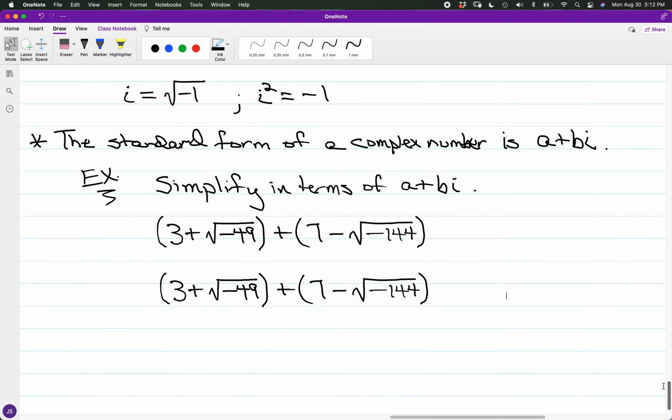So I have square roots of negatives. And if I go ahead and write in terms of the letter I, now the square root of 49 is 7, but with the negative 49 underneath, the square root of negative 49 is going to be 7i. And we have plus the quantity 7 minus, now the square root of 144 is 12, but for negative 144, it is going to be 12i.